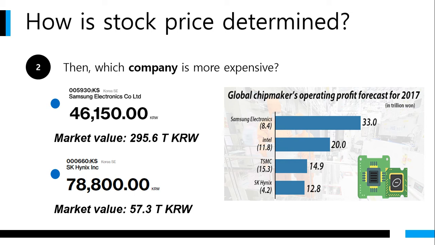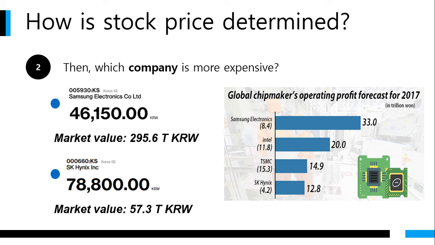Which company is more expensive? I said which company. Comparing the market value between the two companies, now you can see that Samsung Electronics is more expensive. What I want to say is that do not get confused with the stock price.